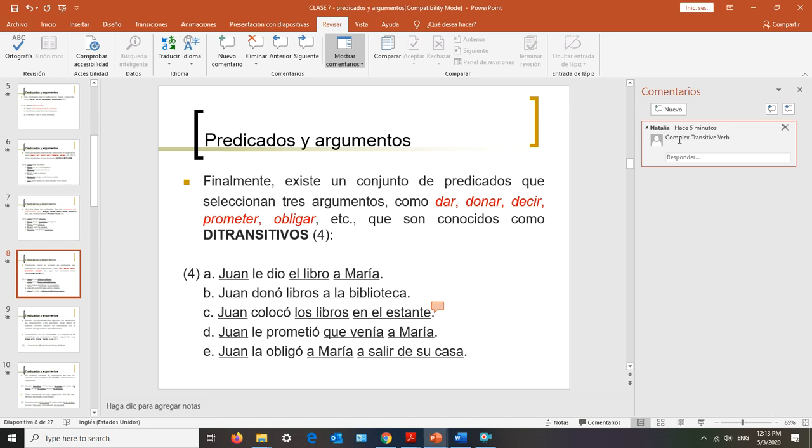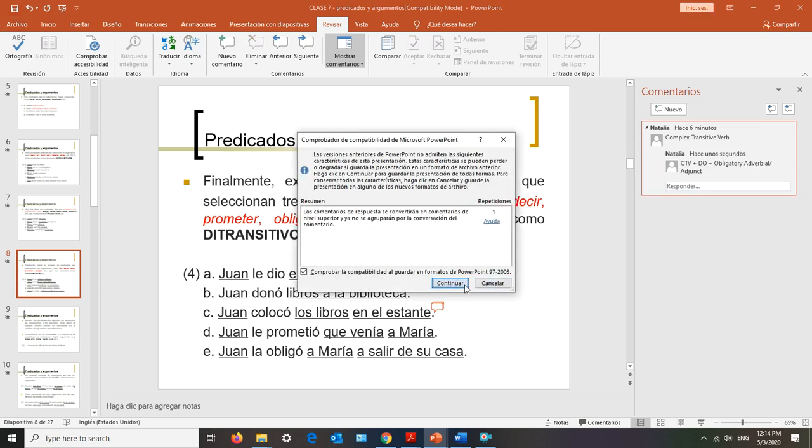In this case, we're dealing with a complex transitive verb, and the pattern is: a complex transitive verb, plus direct object, plus obligatory adverbial. Okay? Or obligatory adjunct.